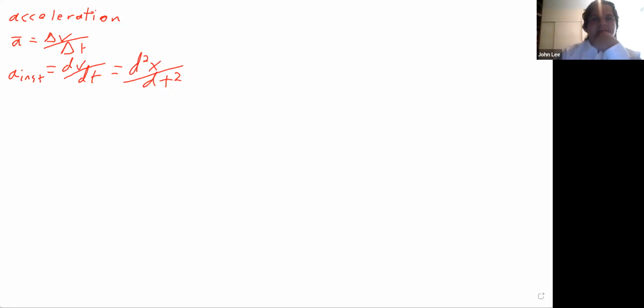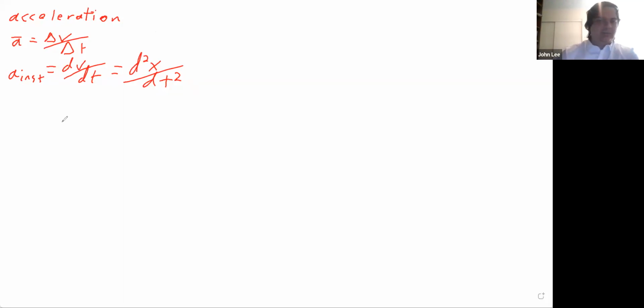One last thing I want to note before we get into the kinematics equations and being able to solve things is that you can have negative velocity or you can have negative acceleration, but that doesn't mean that the position is going to be negative.